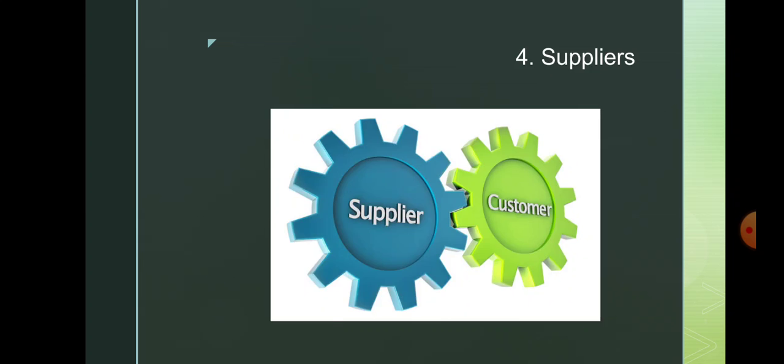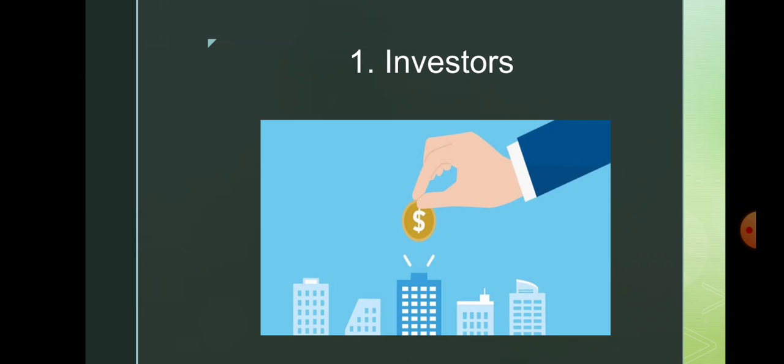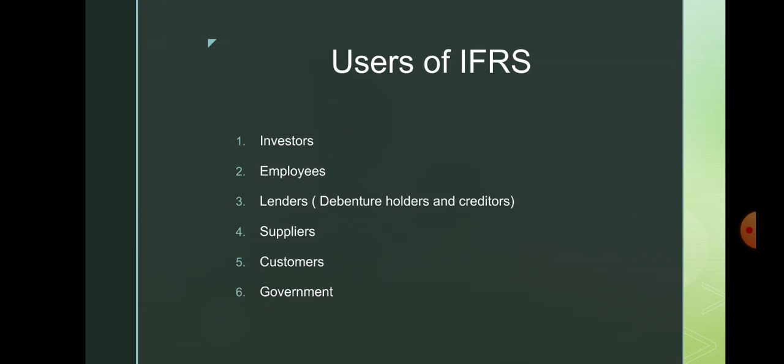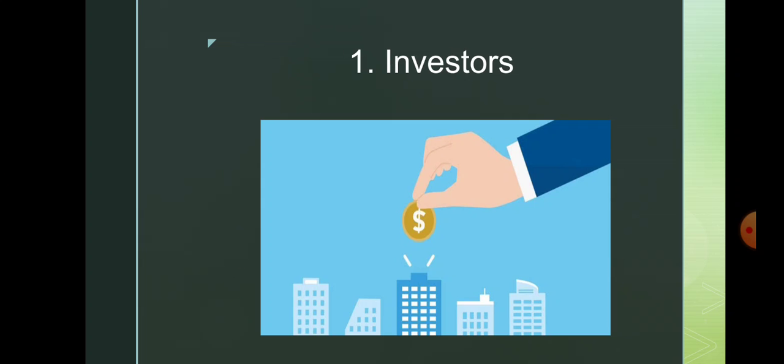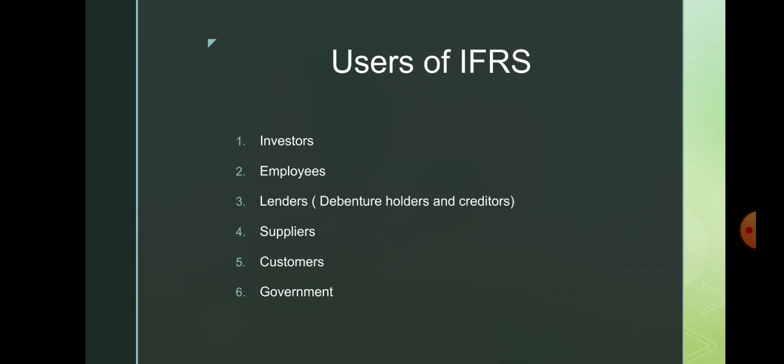So these are the users of the IFRS. The first was the investor, the next were the employees, lenders, suppliers, customers and the government. This is the second concept which we have discussed in this video. In the coming video we are going to discuss the benefits and disadvantages of the IFRS, and the remaining topics are the process of setting the IFRS, practical challenges, and distinguishing between the IFRS, US GAAP and Indian GAAP.